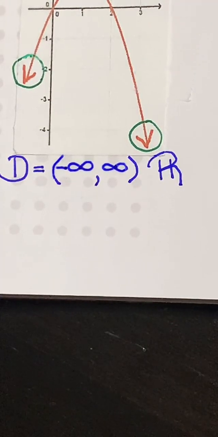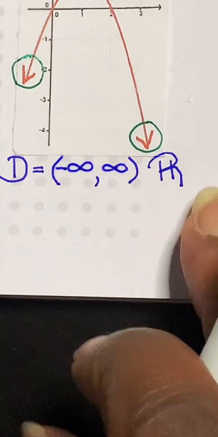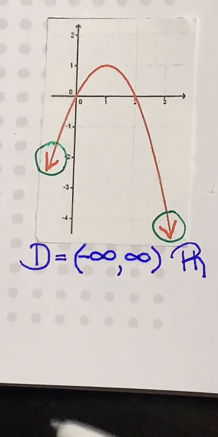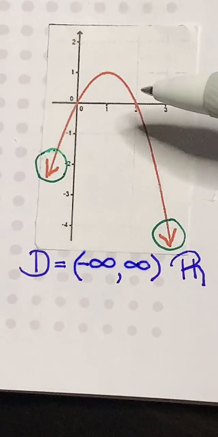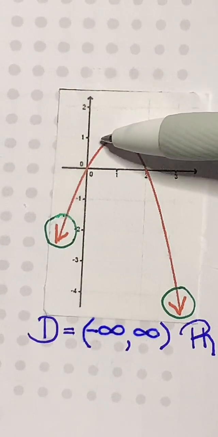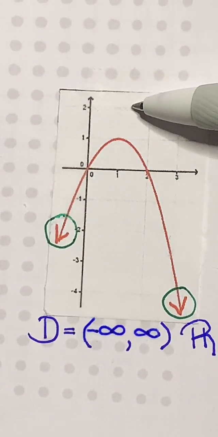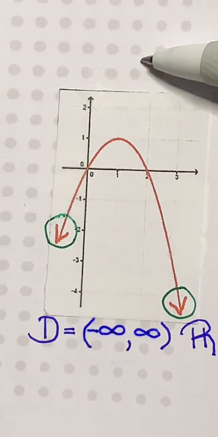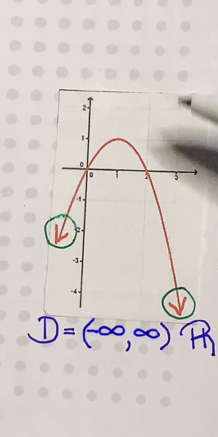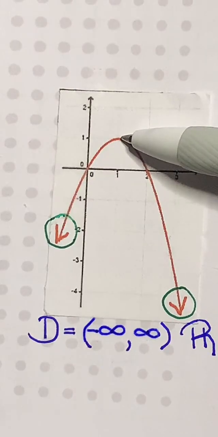So that's going to take care of your domain. So that's all real numbers. But look at our range. You can't say your range is all real numbers because it's not going up to positive 2. It's not going up to 3 or 4 or 268. It's hitting a ceiling at 1.